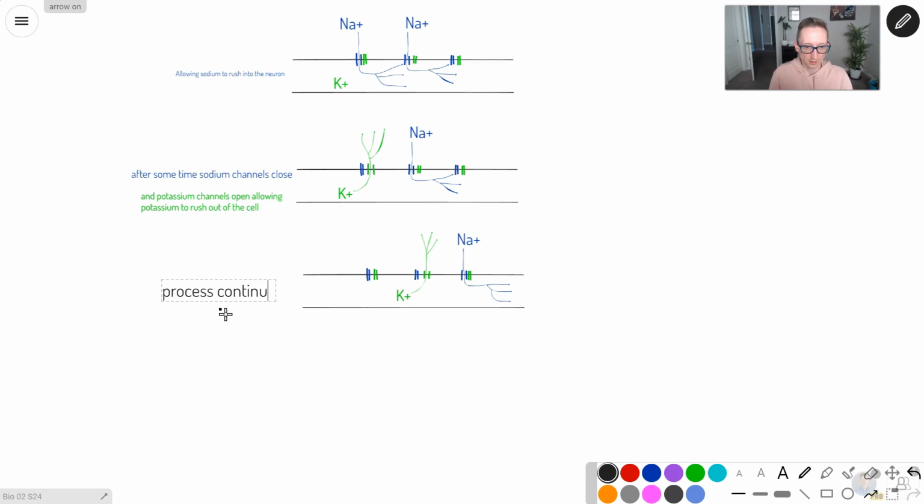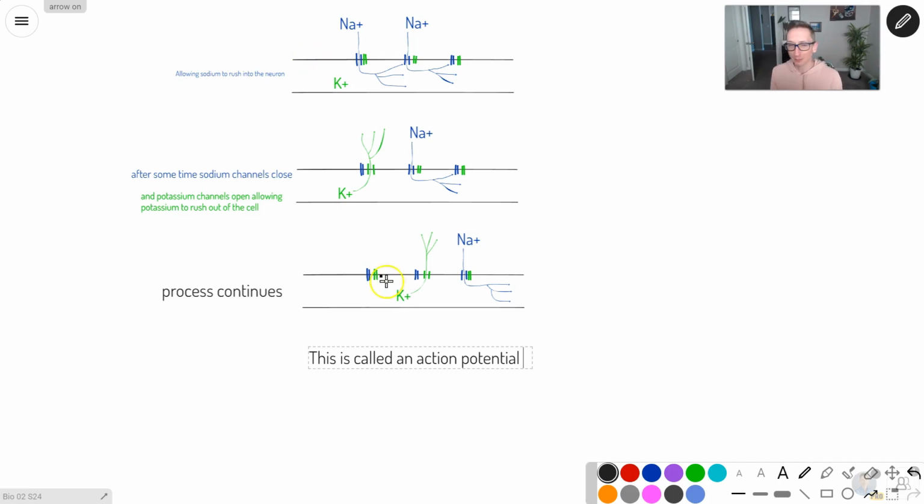This is called an action potential. Why is it called a potential? Because it has to do with electrical properties as well.